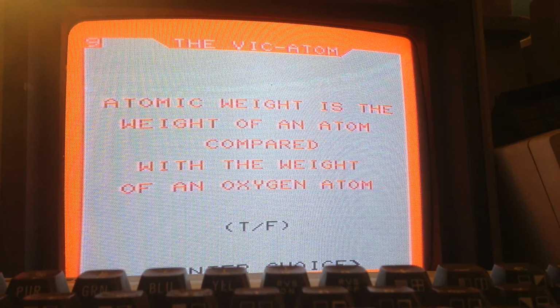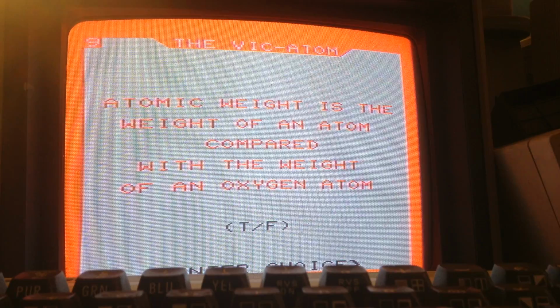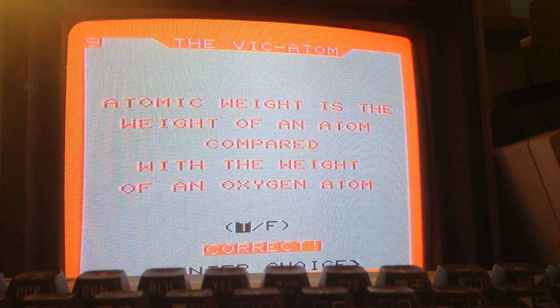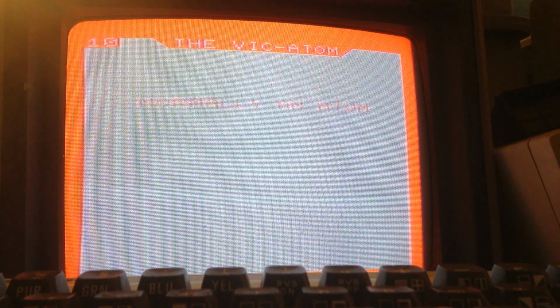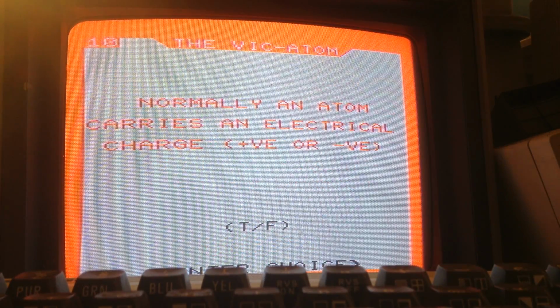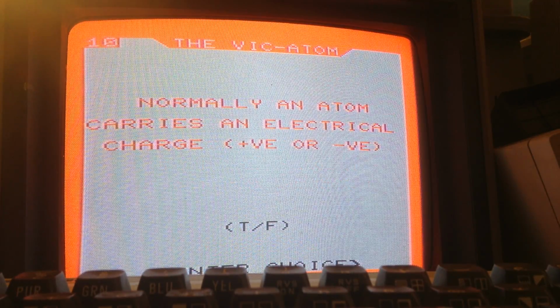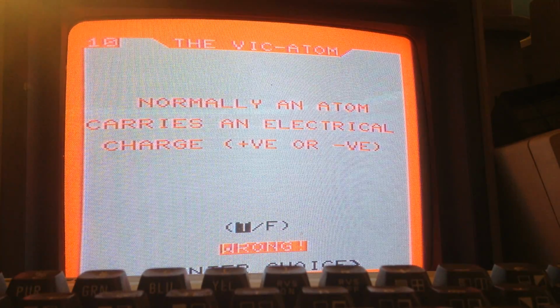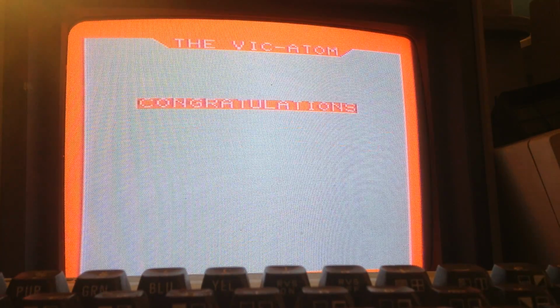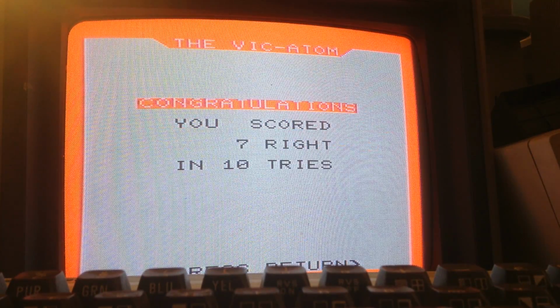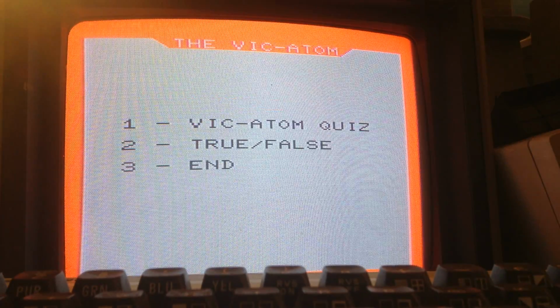Oh dear. Atomic weight is the weight of an atom compared with the weight of an oxygen atom. Okay? True. Sounds good. Normally, an atom carries an electrical charge. True. Wrong. Oh. So how'd we do? 7 right. Oh well. Not bad.